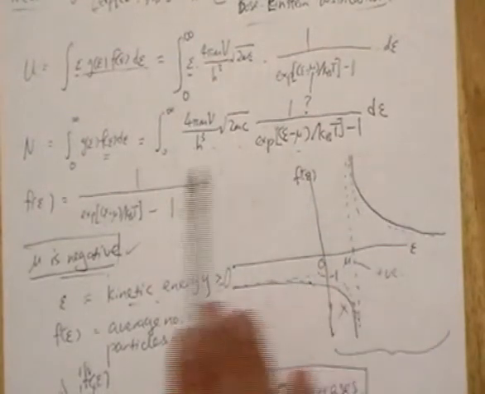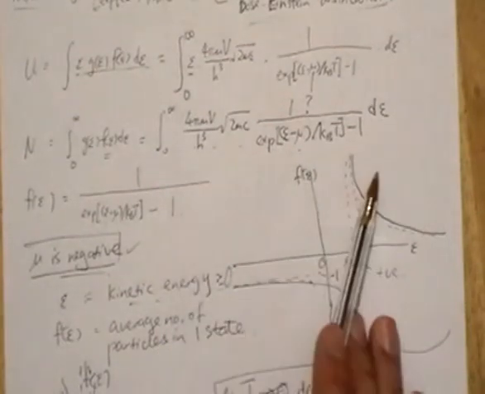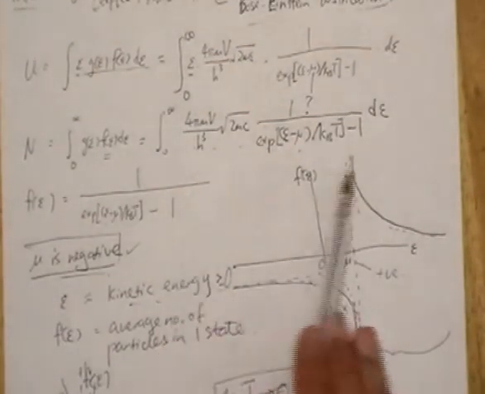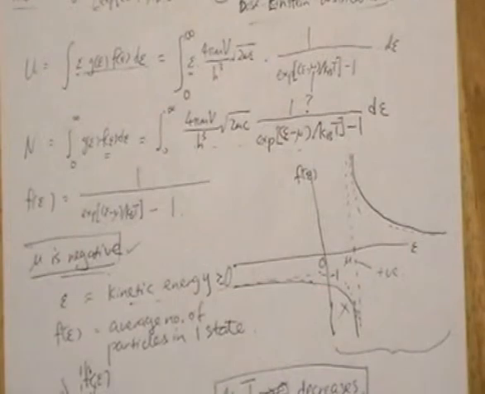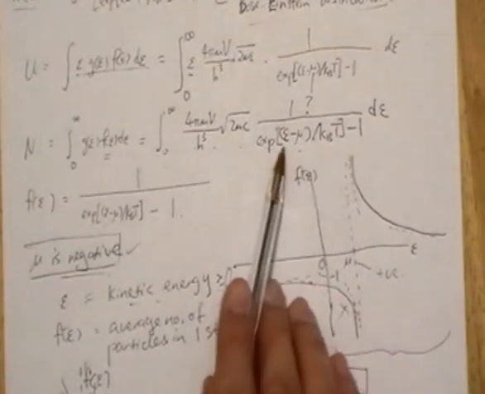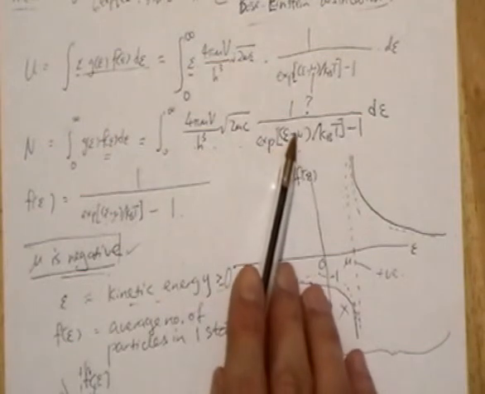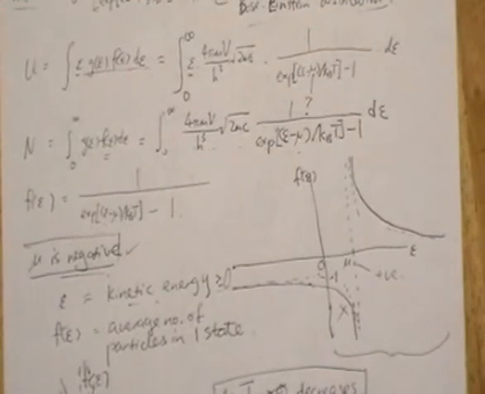And at least now we know all the other terms, and we can try and integrate that. So to see if we can actually integrate that, let's start by setting mu to 0 and see what we get.